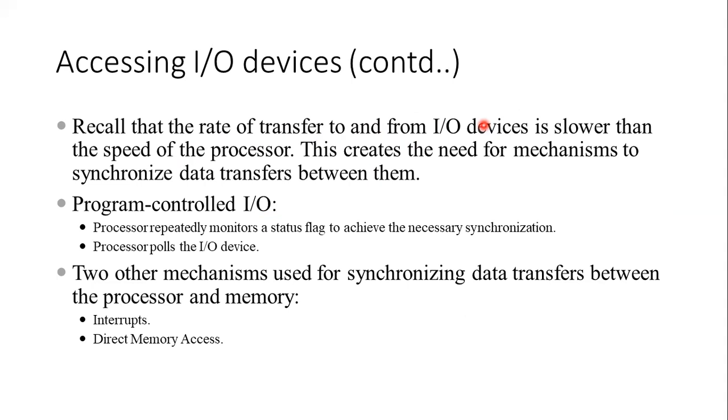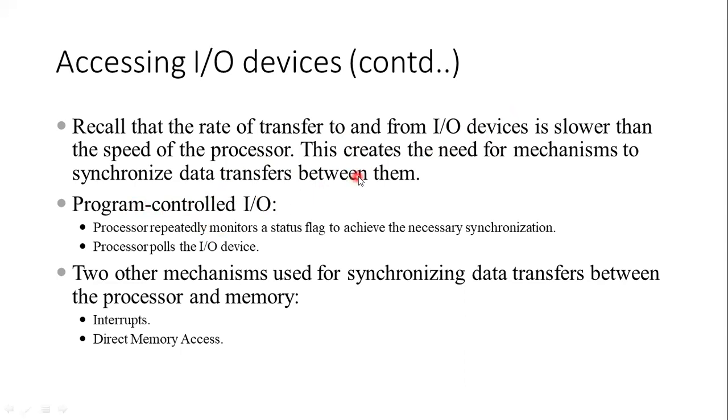There is a large gap, a mismatch between the speed of the I/O devices and the processor or the system bus. These types of devices are slower than the processor. This creates the need for a mechanism to synchronize data transfer between them. So this requires control of the I/O, or simply program-controlled I/O.